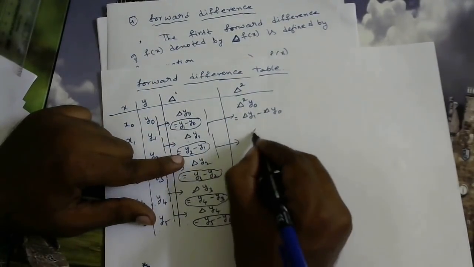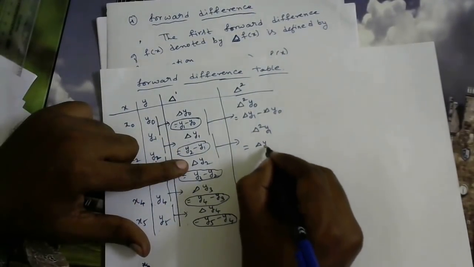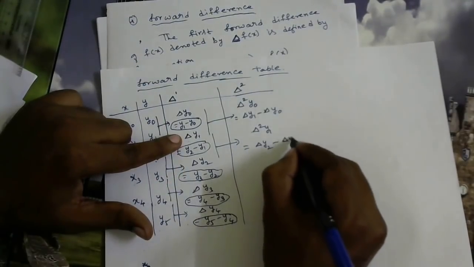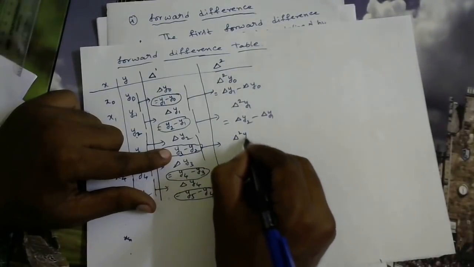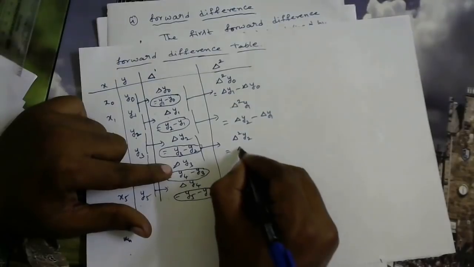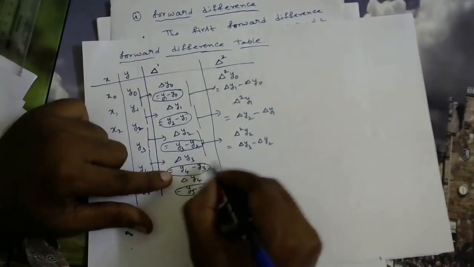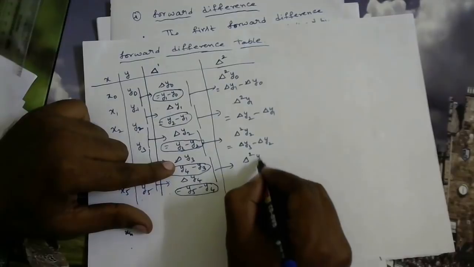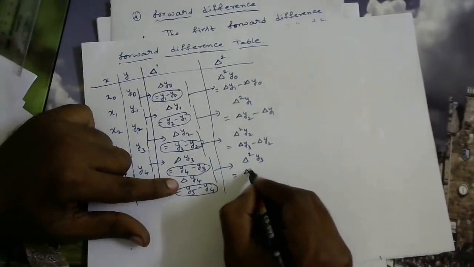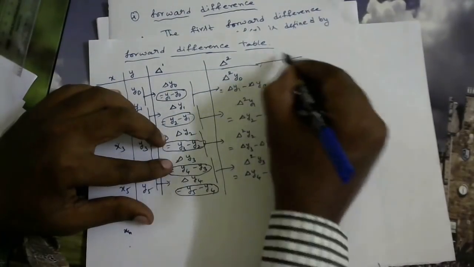Delta square y1 equals delta y2 minus delta y1. Delta square y2 equals delta y3 minus delta y2. Delta square y3 equals delta y4 minus delta y3. So these are all second differences.